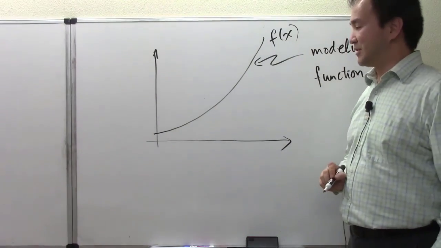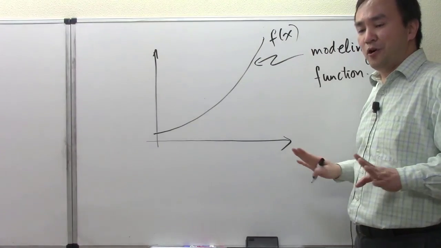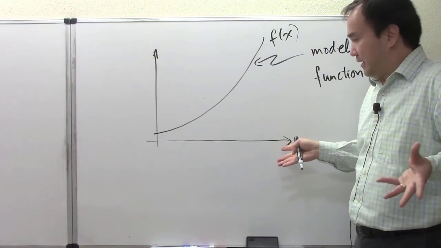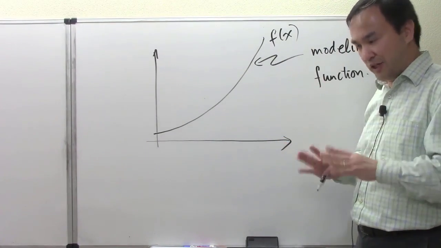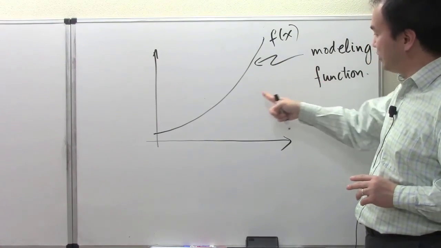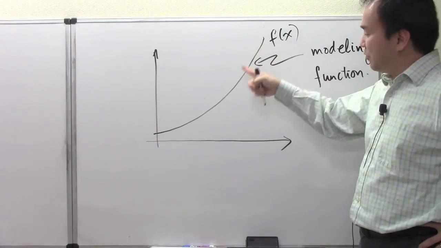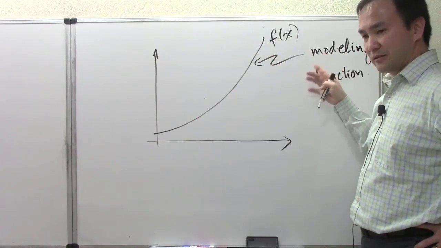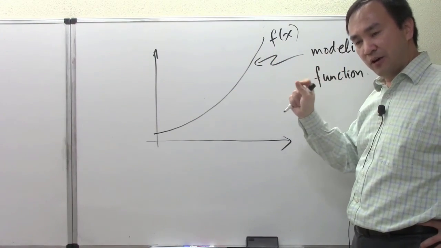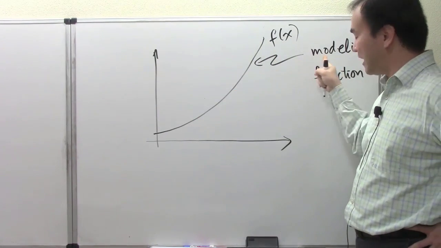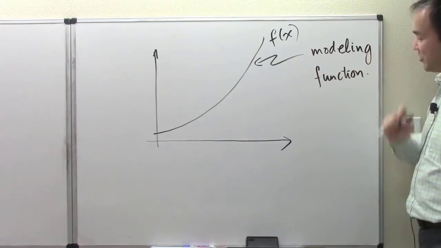Okay, so it's not only just a graphical problem for doing it for fun. It has real serious applications out there. And when we develop a function to monitor the changes of the quantity that we work with, we call it a modeling function.